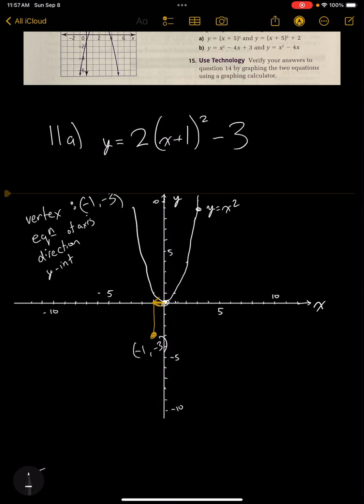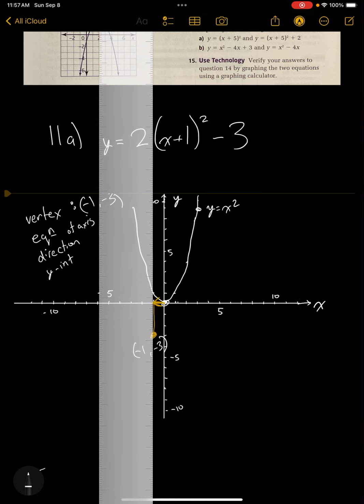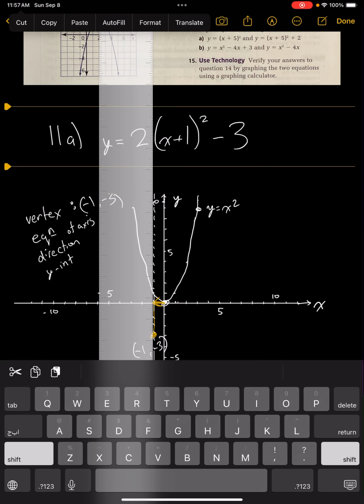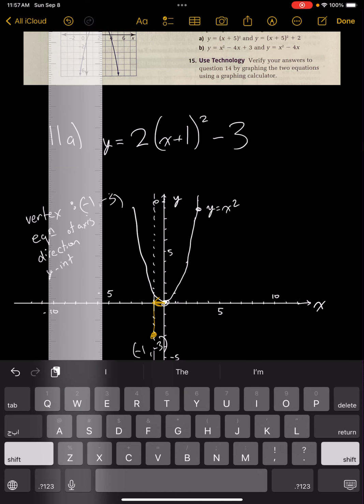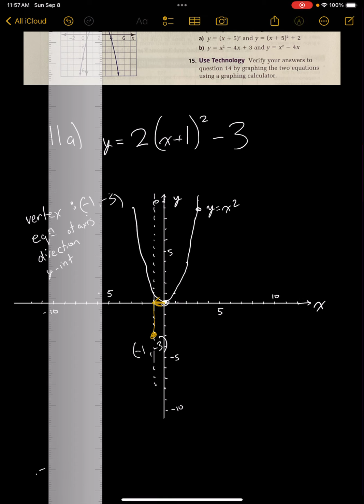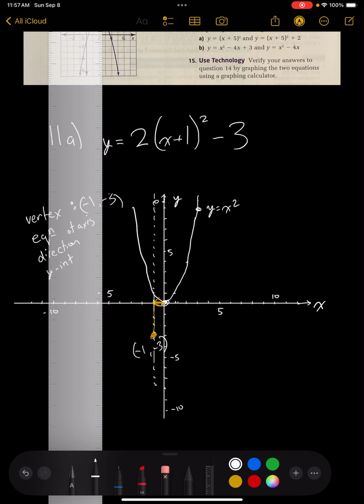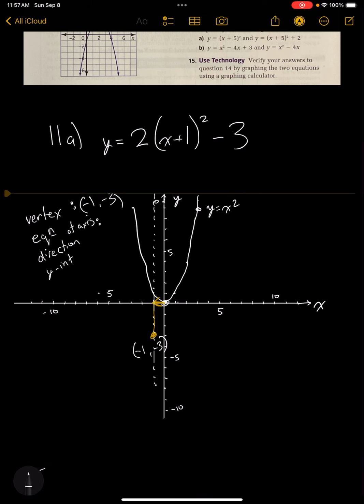Oops, I seem to have run out of space. The axis of symmetry is essentially this line right here, because it's symmetric. The axis is called x equals -1.